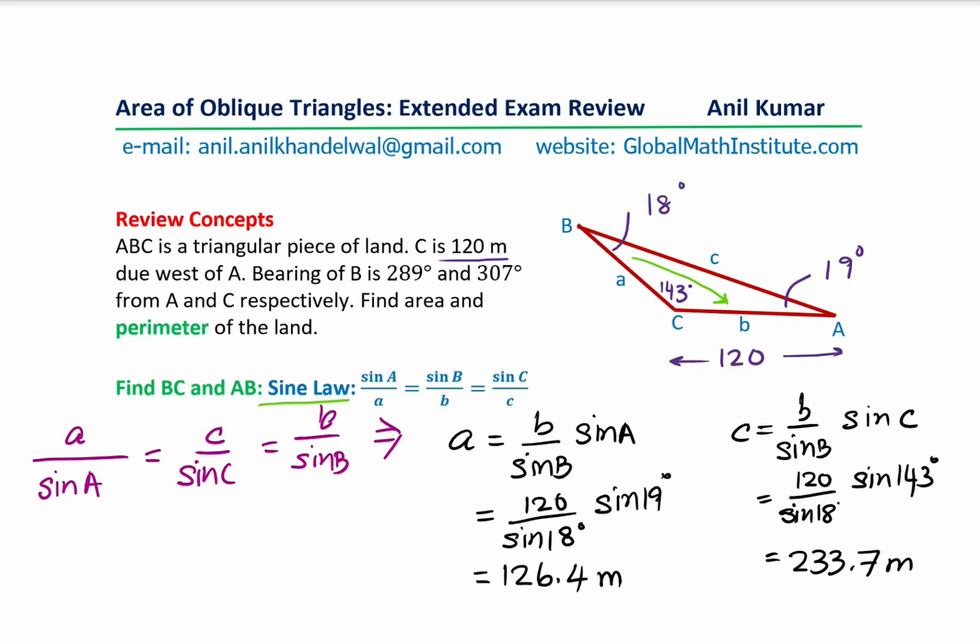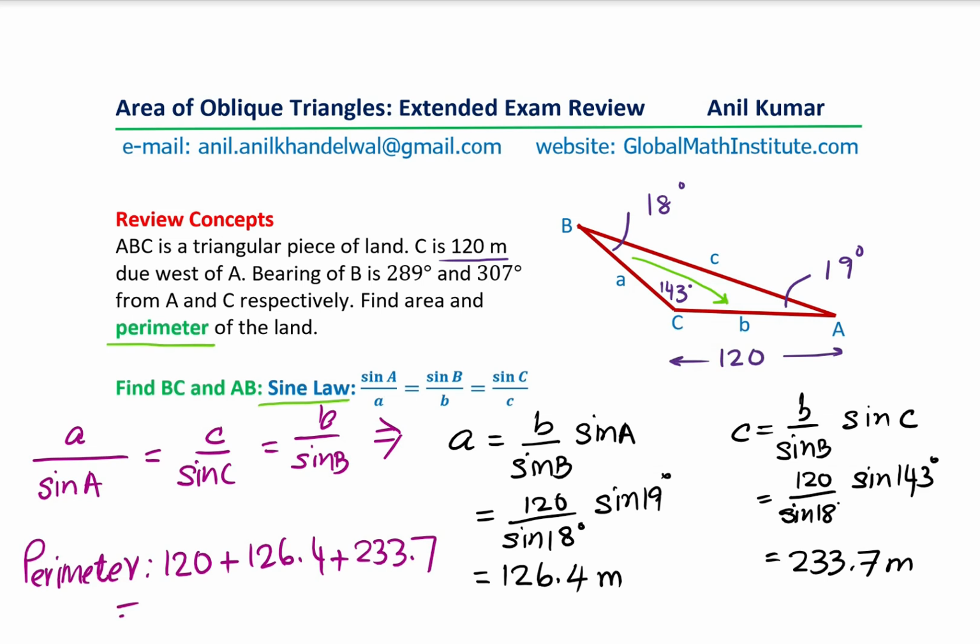So since we know the side lengths, we can find the perimeter for the given triangle, right? So we can now write down that the perimeter is the sum of side lengths, which is 120, already given to us, plus 126.4 plus 233.7.